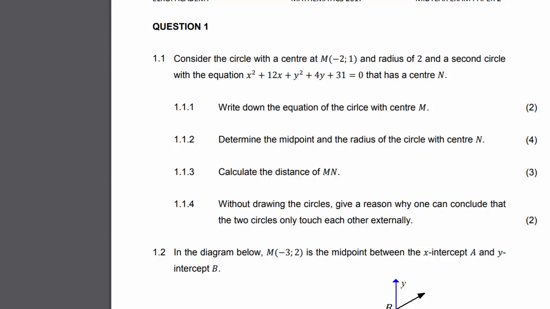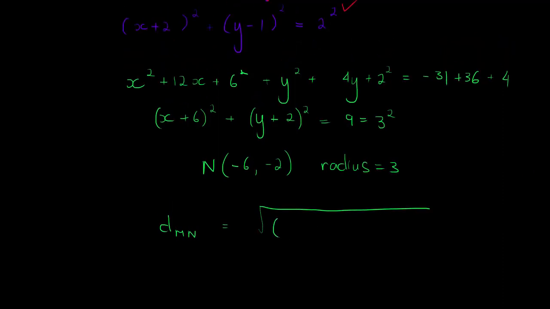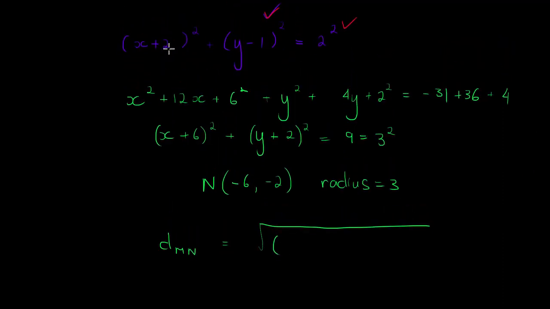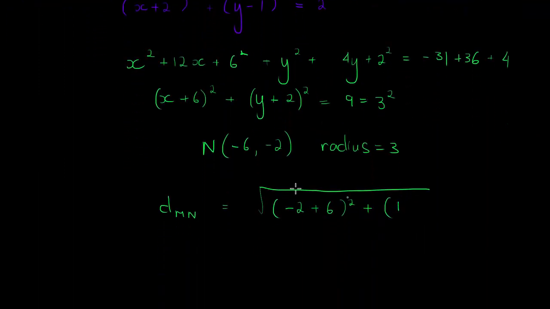What is the distance between these 2 points? That's a simple distance formula question. So the distance MN is equal to the square root of, and here's my formula, the x values go from negative 2 to negative 6, so minus negative 6 is plus 6, plus the y values, from positive 1 to negative 2, so plus 2, squared.